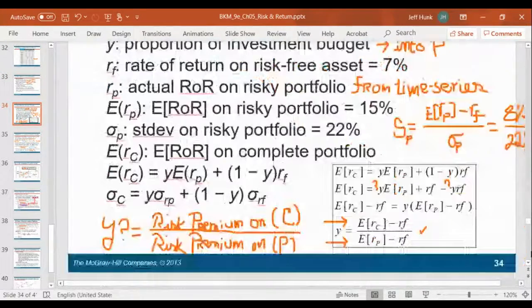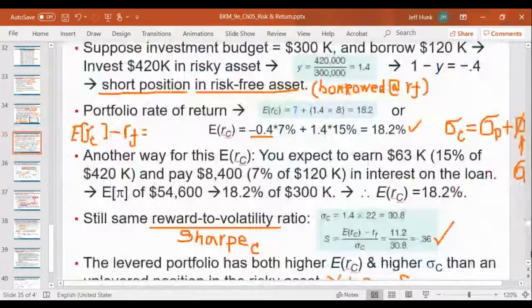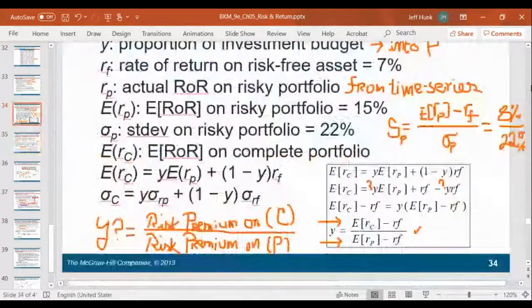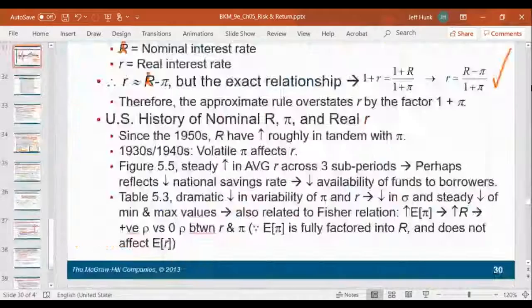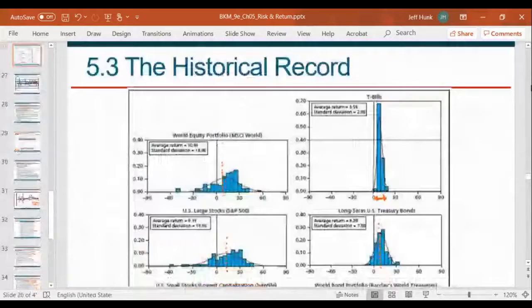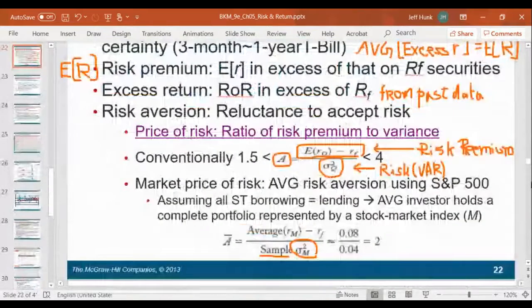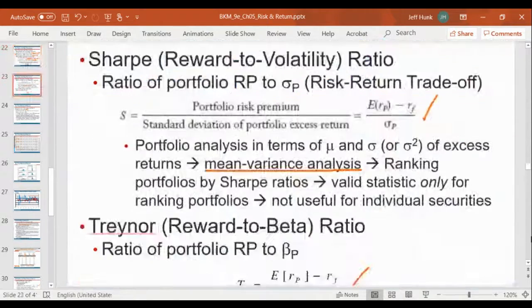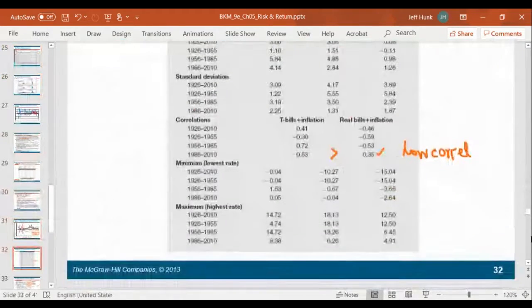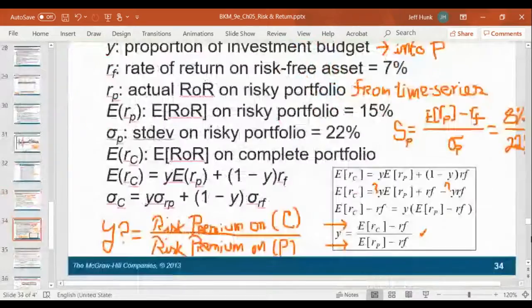I wrote it somewhere, right? Somewhere here, yeah, here. Historically, for the stock market index, the price of risk of the market is 2. Has been, I'm not saying it is always 2.